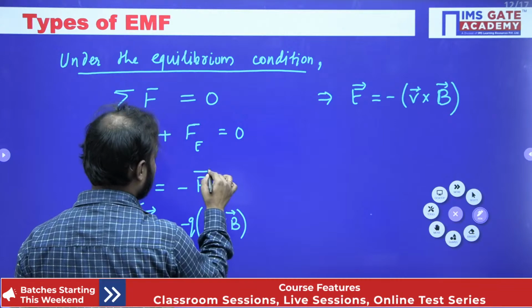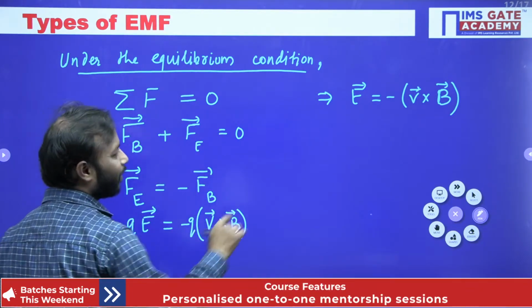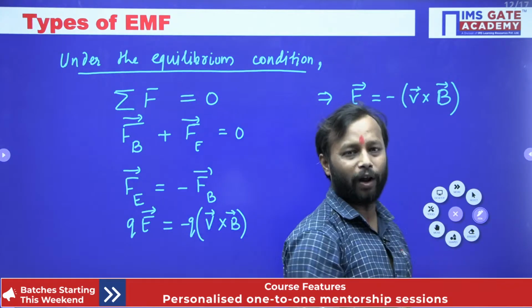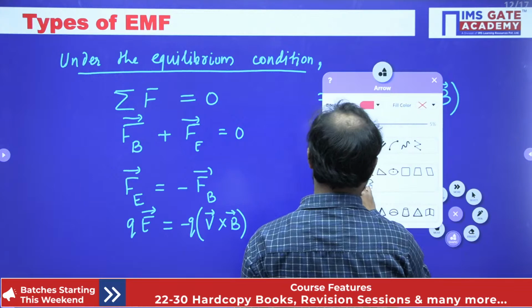What is V here? Voltage? No, not voltage. That is the velocity of the conductor. So this equation is very important.